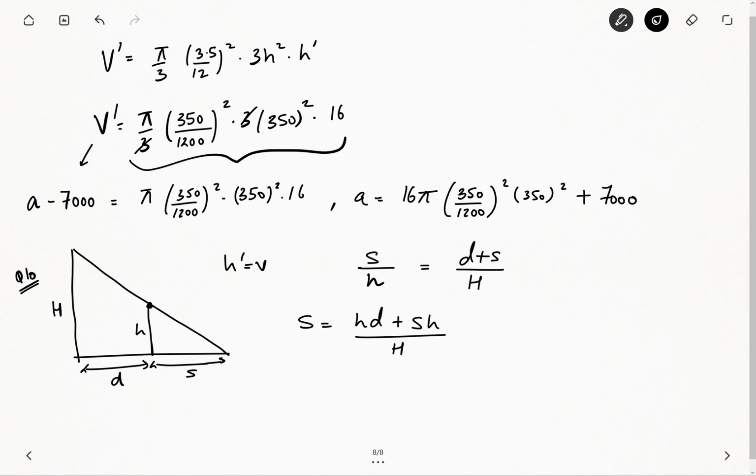It doesn't matter, there are multiple ways of isolating it. Sometimes you'll drop the d, sometimes you won't, but it's okay. I'm just going to stick with what we got over here. So capital S h equals h d plus small s h, which tells me when you move it over, you get capital S factored out. S times (H minus small h) equals h d, and then s is just h d over (H minus h).